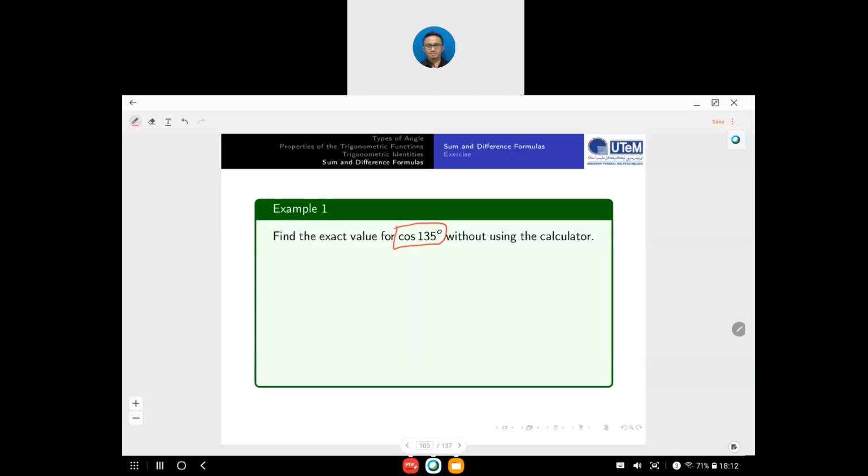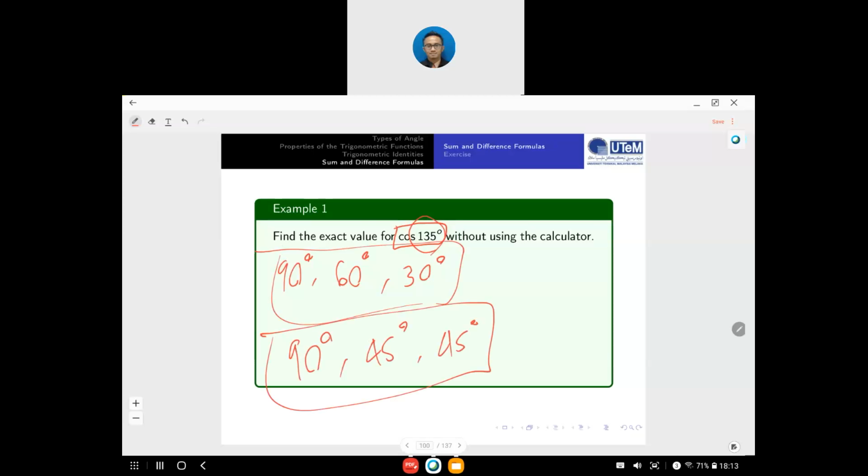So you must think what is the value you can get in order to sum using summation, tambah, or different, tolak, to get 135 by using 90 degree, 60 degree, and 30 degree. So this one is the special triangle. And then the second one, 90 degree, 45 degree, 45 degree. So awak kena fikir, apa value untuk dapatkan 135?